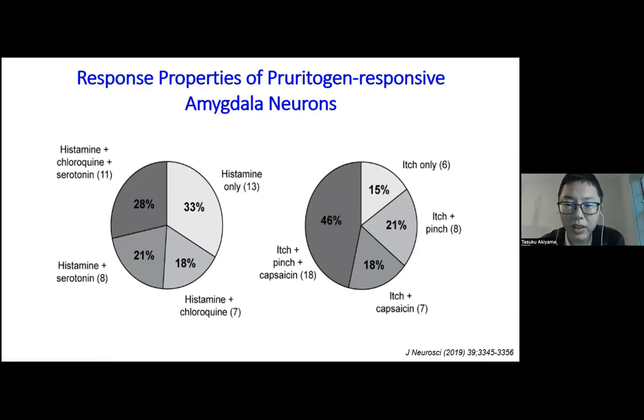About 50% of them respond to the pinch and the capsaicin, and then 39% of them respond to the itch and capsaicin or pinch. And interestingly, 15% of the amygdala neurons only respond to the itch stimuli, but not the painful stimuli.